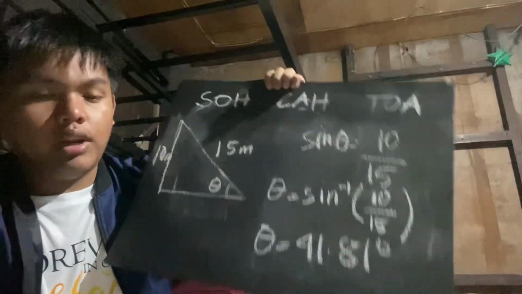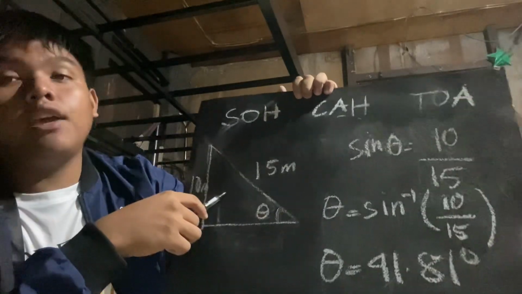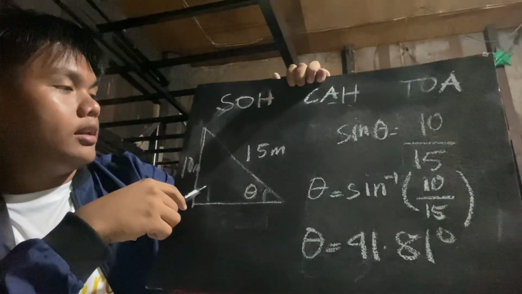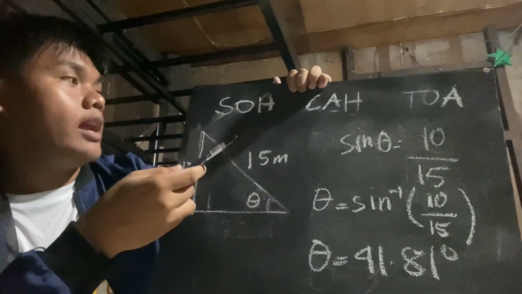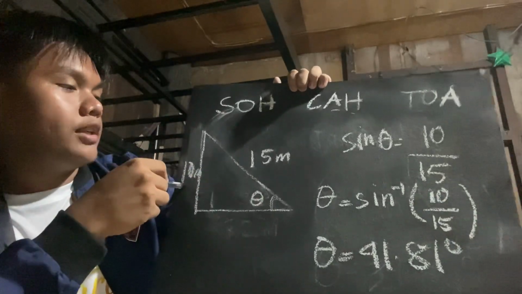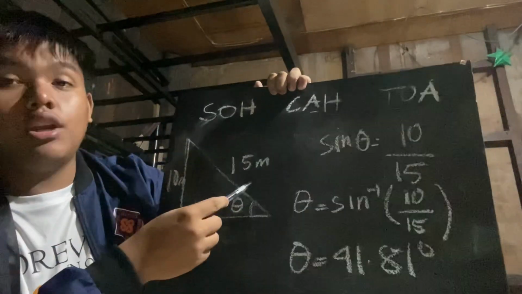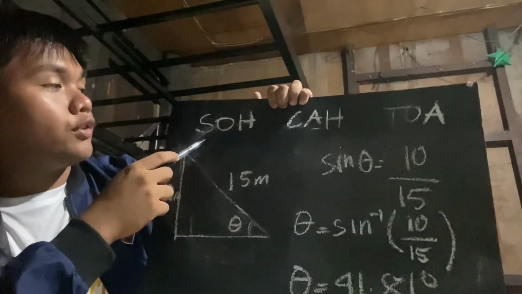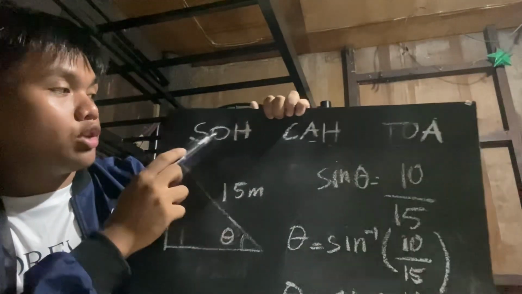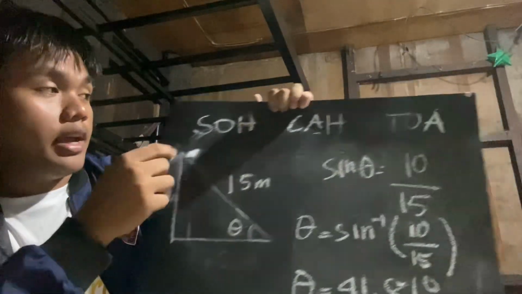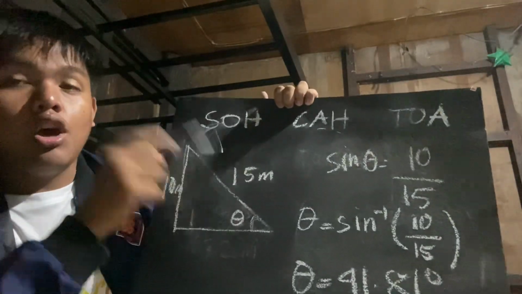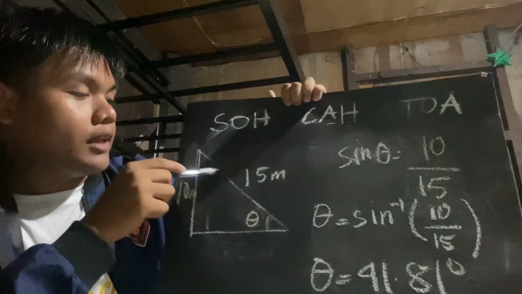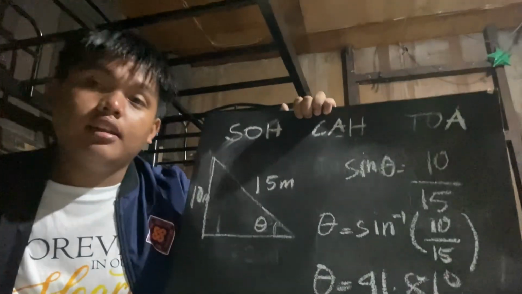Okay? So to recap or to review, we have a given right triangle here, and in it we have the opposite of the angle and the hypotenuse. So we can use SOH, which stands for sine theta equals opposite over hypotenuse, and the opposite of the angle is 10 and the hypotenuse is 15. Always remember that the hypotenuse is the longest side.